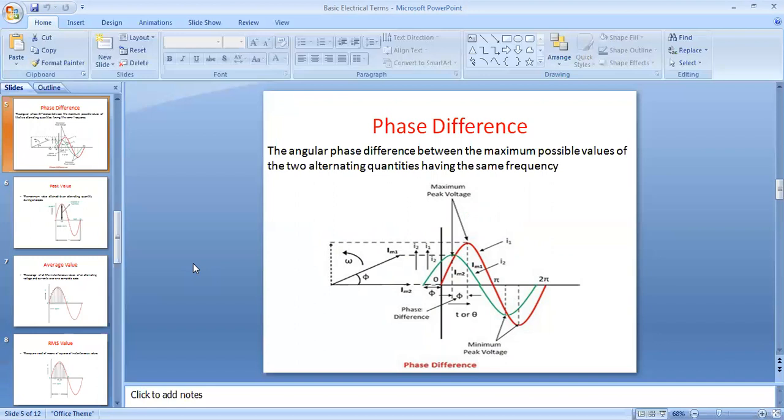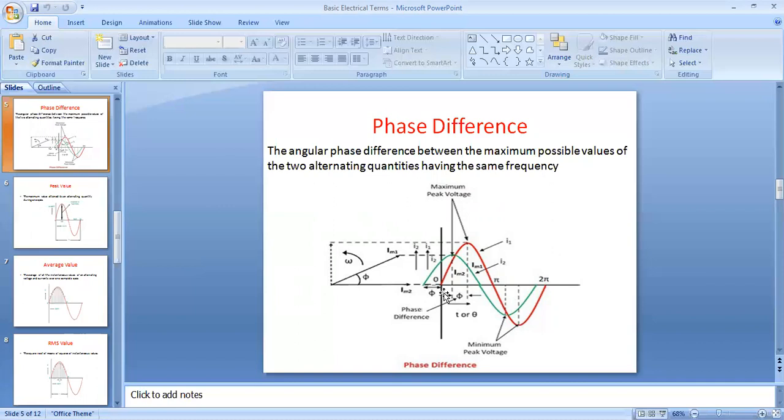In other words, the two alternating quantities have phase difference when they have the same frequency, but they attain their zero value at the different instant. The angle between 0 points of two alternating quantities is called as the angle of phase difference.